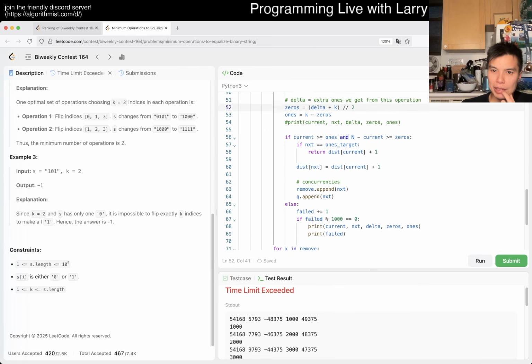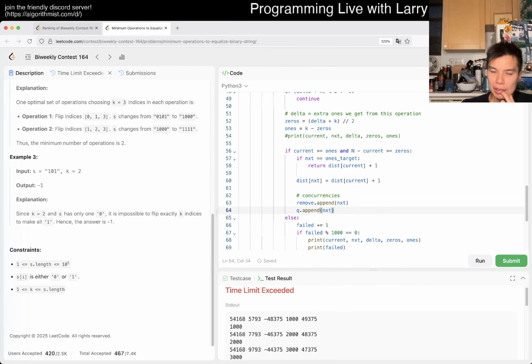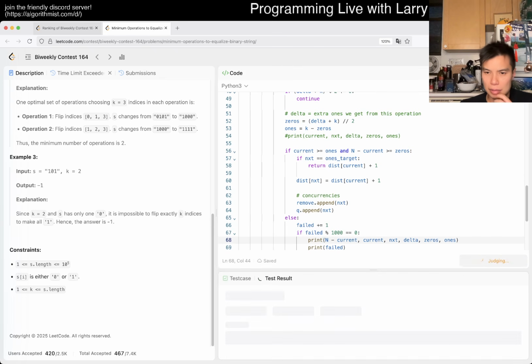But thing is that in theory we should remove a lot of these, right? So current is the number of ones. So this or this should. Why is this a fail? Because zero, we don't have enough zeros. Is that it? Okay. Let's take a look. N is. Did I mess something up?